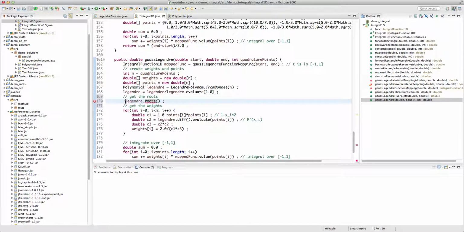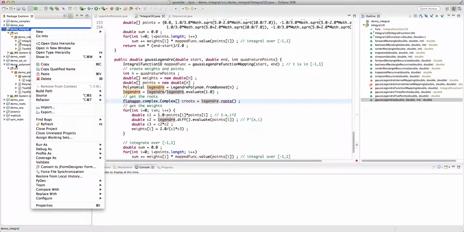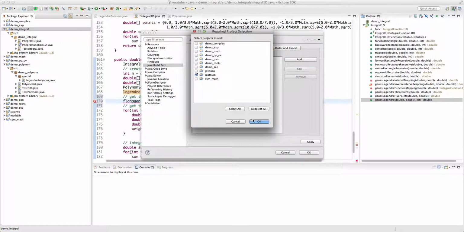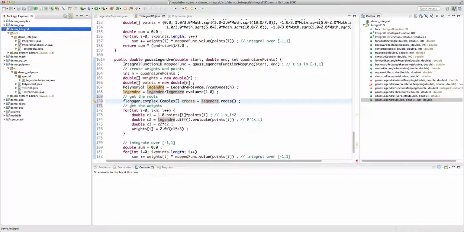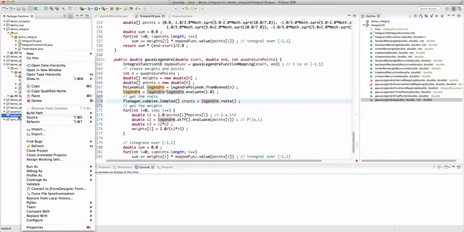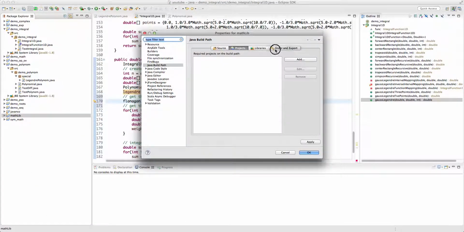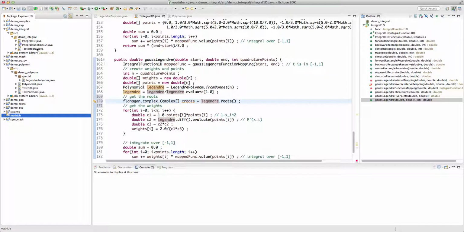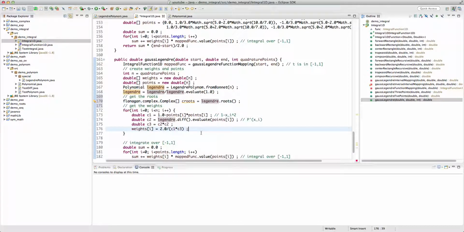Access modifier, so complex C roots or complex roots, all right, but then I need to have a dependency on it, so I'm going to add a dependency on the mathlib, and now it finds it because in the mathlib build path, in the export, I have enabled the mathlib project to export Flanagan package, right? So when I add a dependency on the mathlib, it already adds a dependency on the Flanagan package as well, all right?